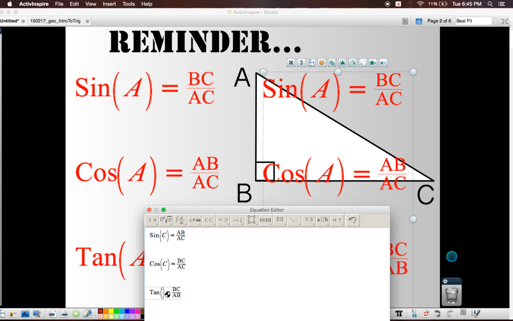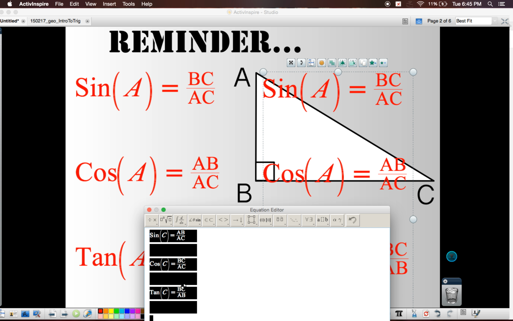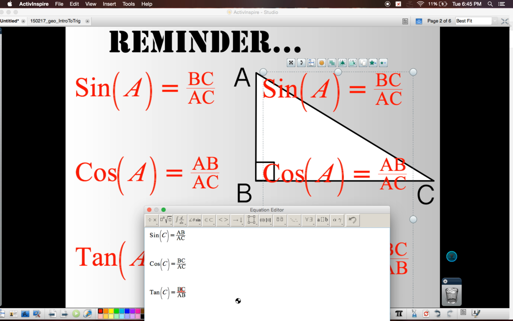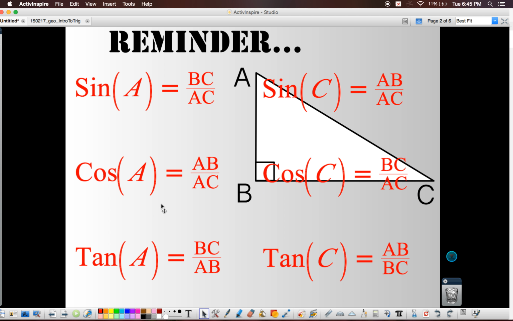And then my tangent for angle C, I'm kind of just flipping it. So my opposite would be AB, and my adjacent would be BC. Okay, and I'll change that to blue so you can see.